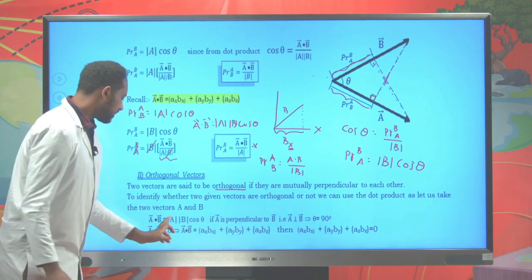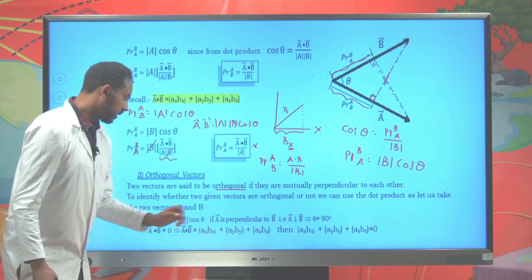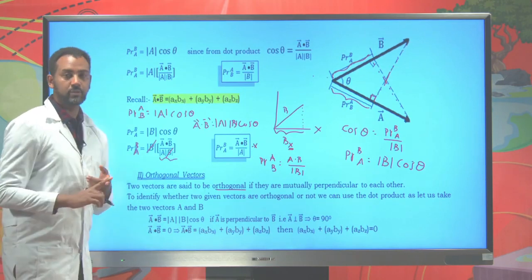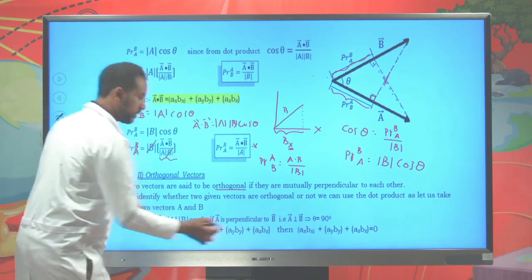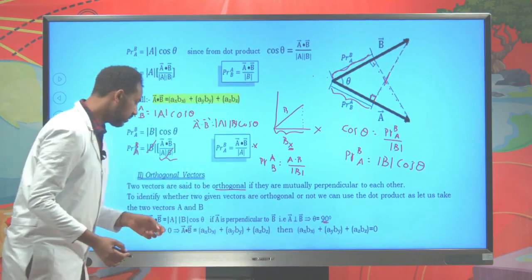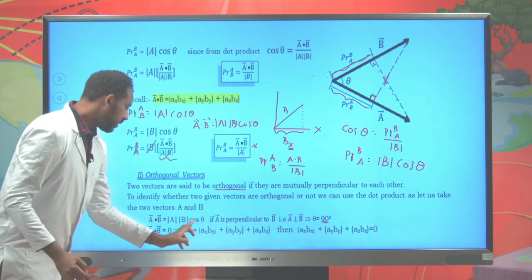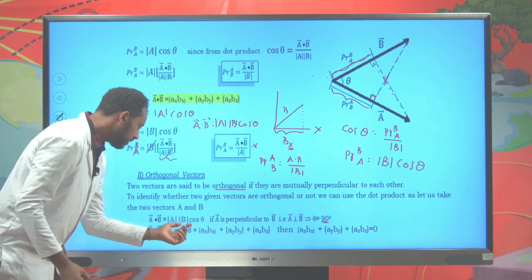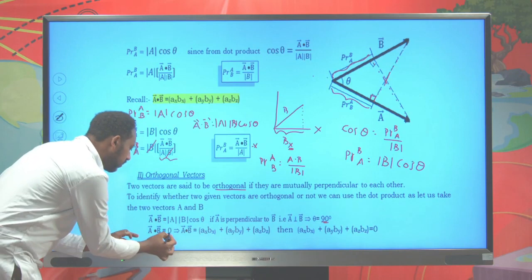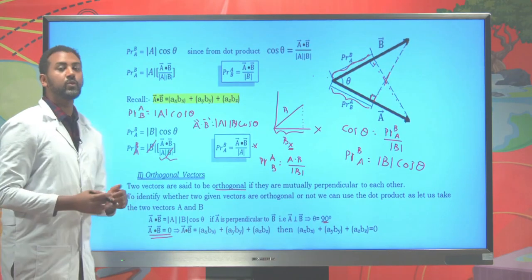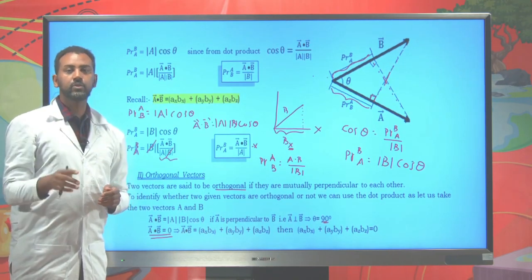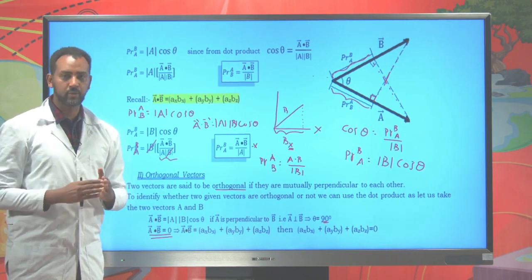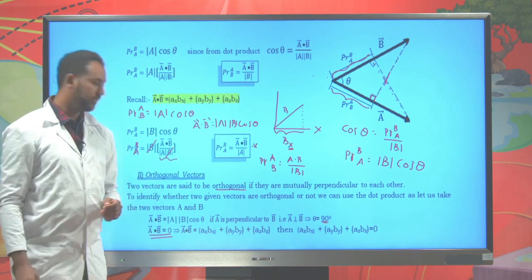A dot B gives us magnitude of A, magnitude of B, cosine of theta. If two vectors A and B are perpendicular to each other, the angle between them would be 90 degrees. When you substitute cosine of 90, you know that cosine of 90 gives you 0. So magnitude of A, magnitude of B, cosine of 90 gives us 0. Whenever you determine A dot B, if the result is 0, you can say that the two vectors are mutually perpendicular to each other, or they are orthogonal vectors.